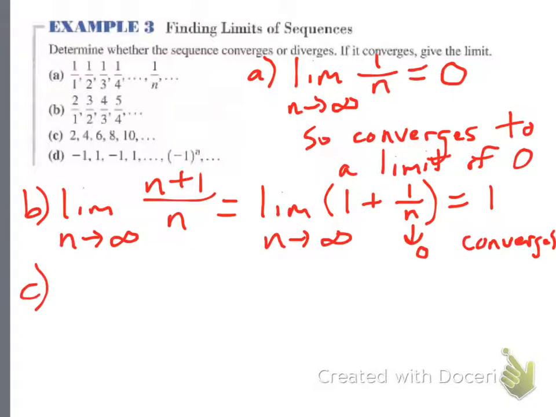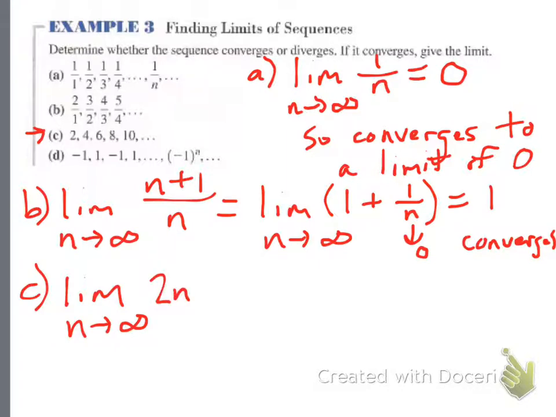C. Now, the limit as n approaches infinity. What's happening in C? You're basically taking each term and doubling it, so that would be 2n.